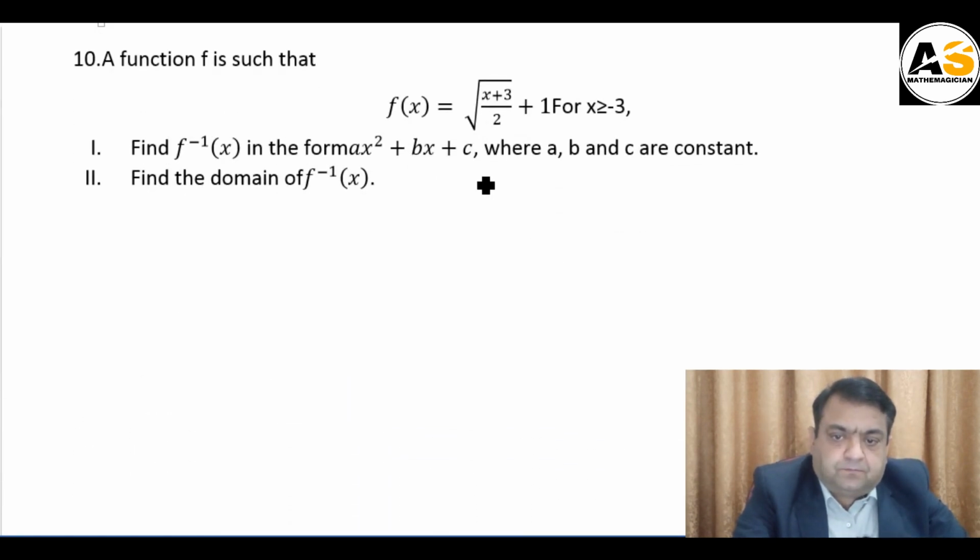Now we are moving towards the last question of our lesson.